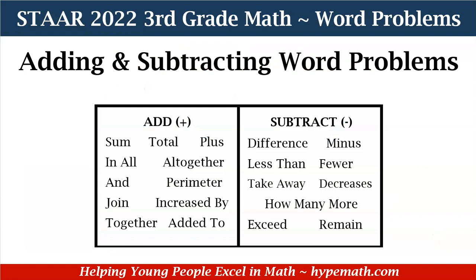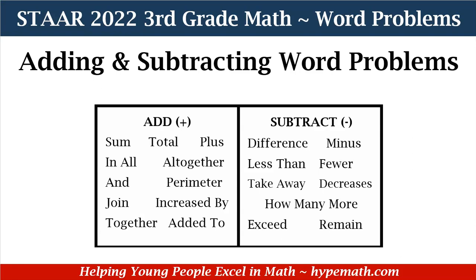Let's review words that we will see whenever we're looking at a word problem, and it will signify either if we need to add or subtract. For adding, we have sum, total, plus, in all, altogether, and perimeter, join, increased by, together, and added to.